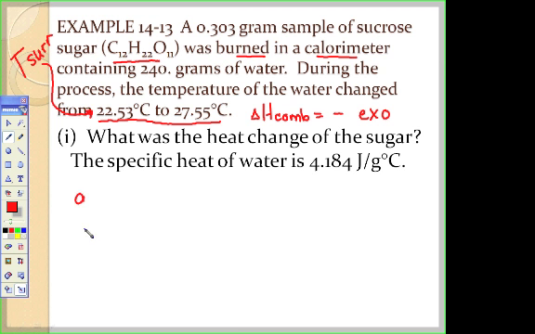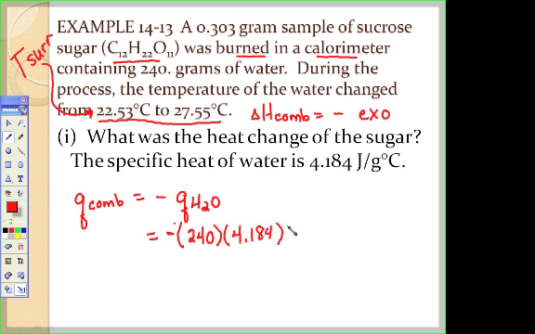Now, Q for my combustion is going to be equal in magnitude but opposite in sign to Q of the water, and that's going to be equal to the 240 grams of water times the heat capacity of water times the temperature change. And remember, you have to do final minus initial.